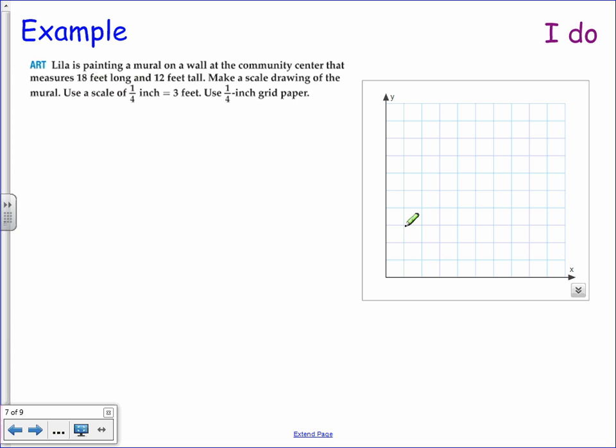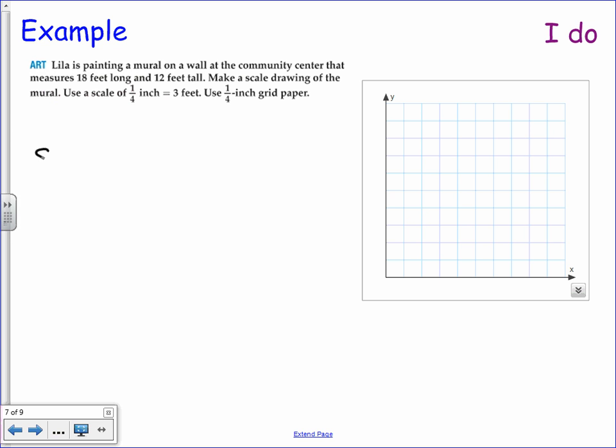So Lila is painting a mural on a wall at the community center that measures 18 feet long and 12 feet tall. Make a scale drawing of the mural. Use a scale of 1/4 inch equals 3 feet, and we want to use a 1/4 inch grid paper. So right now we're going to create a scale drawing.